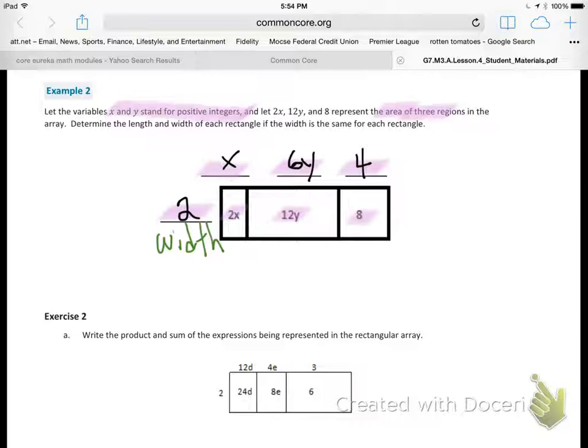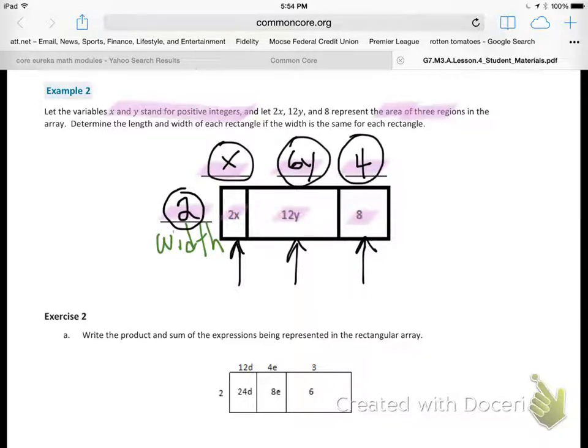Okay, so here are those answers. This width here is going to be 2, because what this is indeed is the greatest common factor of these 3 terms. So the way I can get these different length values or length terms is to just go ahead and divide each.